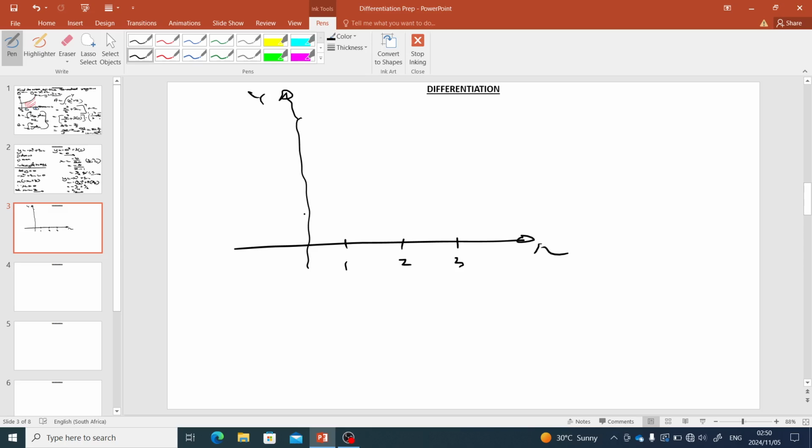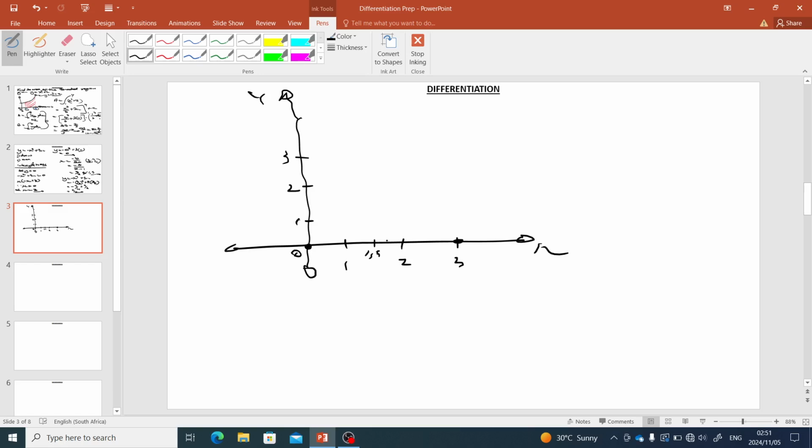Then on the y, let's write the same, 1, 2, 3. Our x-intercepts, we are having 0 and 3. Then our turning point, we are having 1,5. It is somewhere there, 1,5.